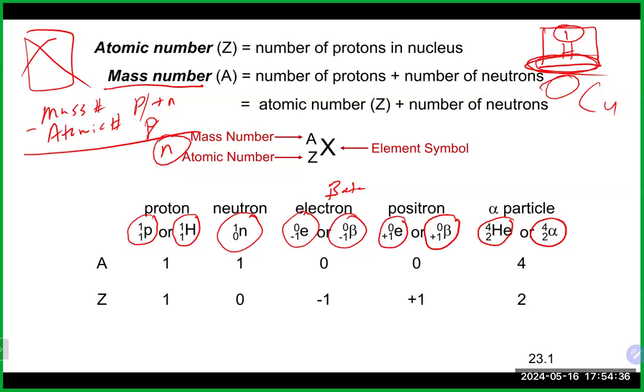So how do you know, if you're given something that just says beta, the symbol for that, if it's the beta particle or the positron? It's probably pretty safe 99 times out of 100 to assume that it's going to be the beta particle. If it is the positron, they usually will put some type of indication, maybe a little plus symbol there, or actually include the +1 over here.